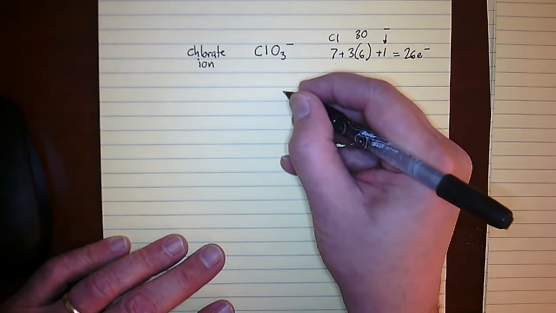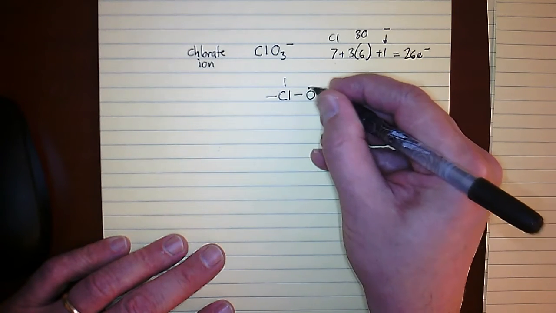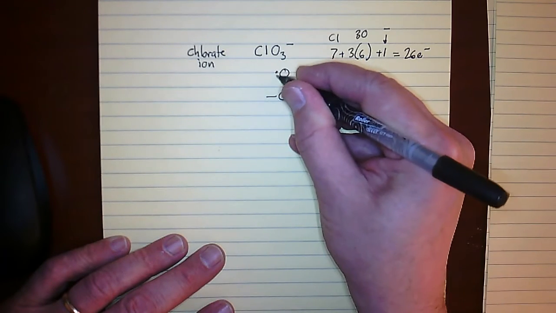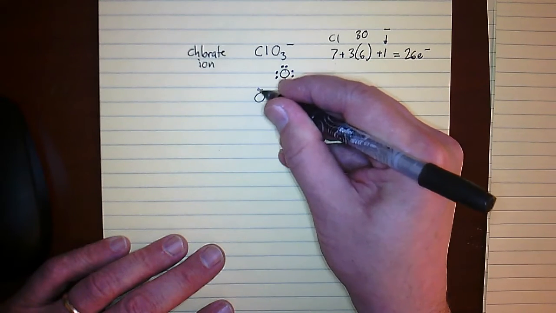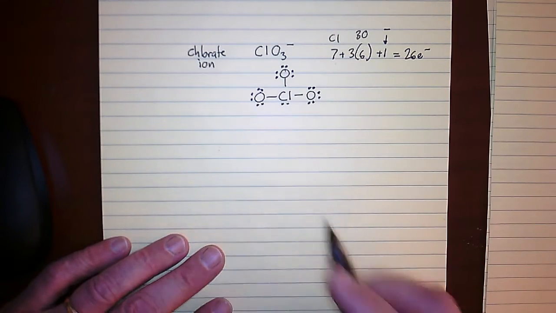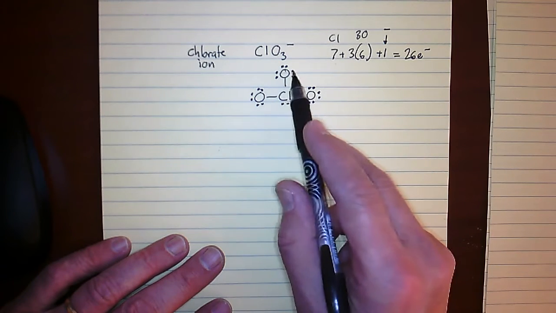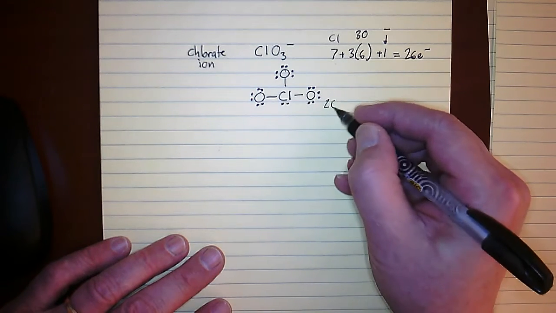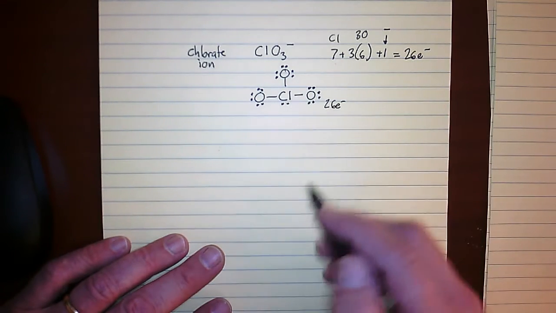If we draw our skeleton, we have Cl, we draw our 3 oxygens around the outside, we draw our octets. Here's our skeleton. If we count electrons, 2, 4, 6, 8, 10, 12, 14, 16, 18, 20, 22, 24, 26 electrons, and so we know that we are done because we have the right number of electrons and we have full octets.